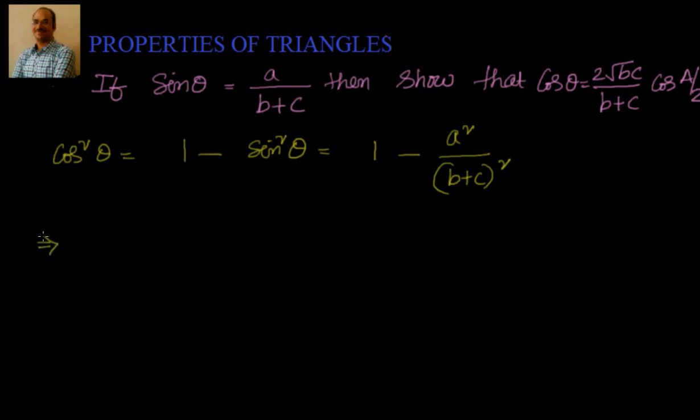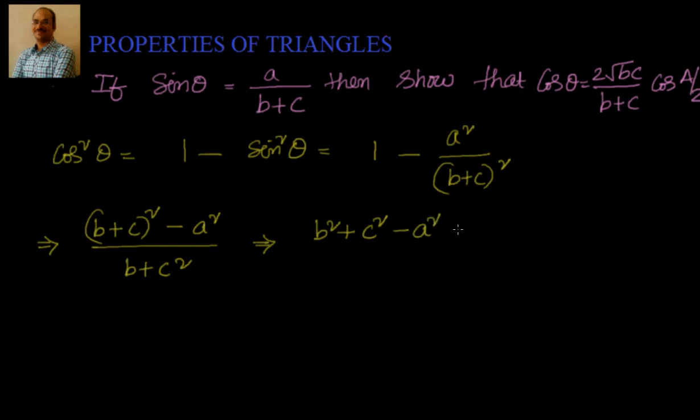This is nothing but b plus c whole square minus a square by b plus c whole square, which is b square plus c square minus a square plus 2bc by b plus c whole square.